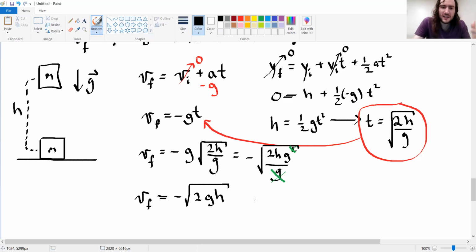And of course, if we're interested in just the magnitude of the velocity, in other words, the speed that this thing has when it reaches the ground, we can drop the minus sign as well. If we're just interested in the magnitude, we can just put a plus sign. So the speed of this object is going to be equal to the square root of 2gh.